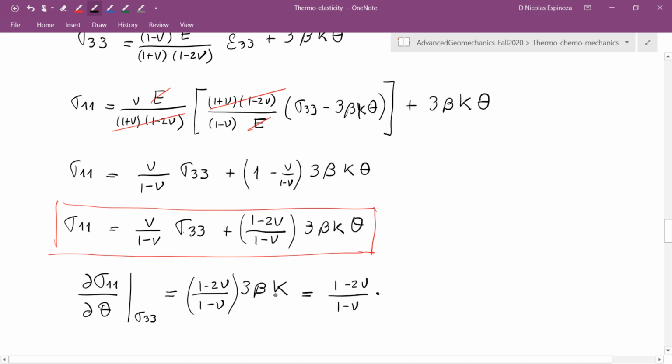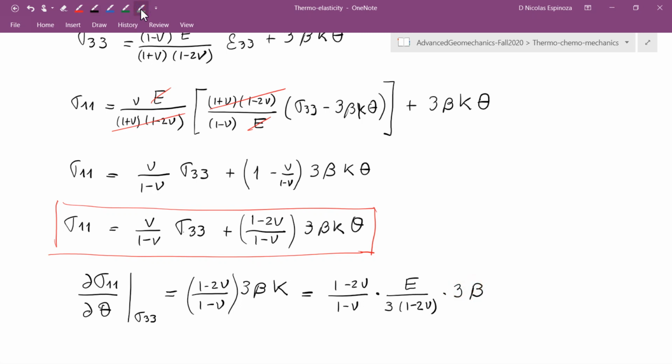The bulk modulus can be written as the Young modulus divided by 3 times 1 minus 2 Poisson ratio, and I forgot the beta, times 3 and times beta. So this one is K. And this is just a property of isotropic media for linear elasticity.